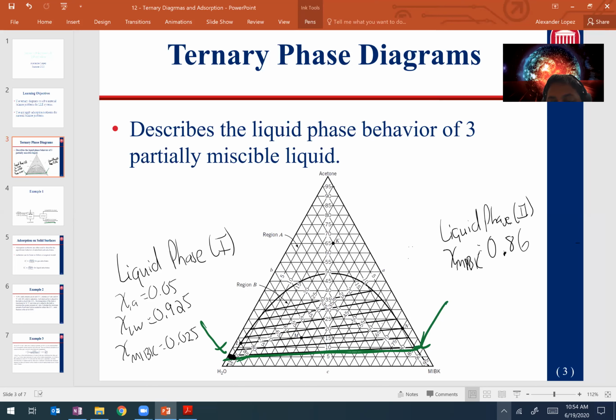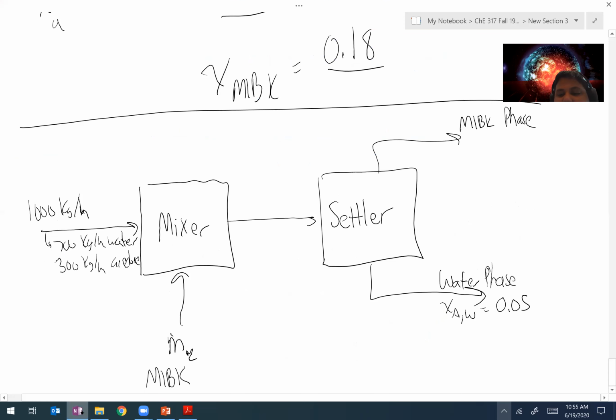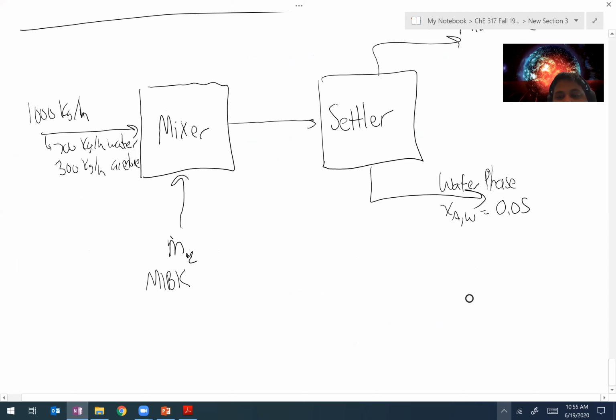Then it's going to be approximately 10% acetone and 4% water. So with just that specification, I can find the breakdown of those two phases. And so I can go back to my system and fill this in.